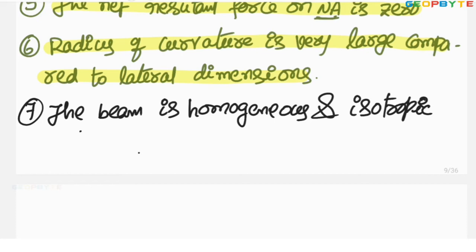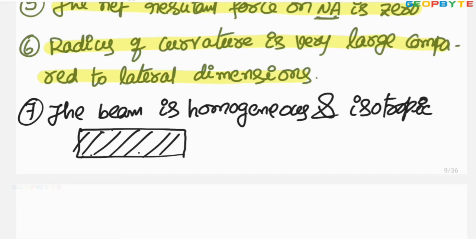Homogeneous beam means the beam is said to be homogeneous if it maintains the same characteristics throughout the cross section of the beam. That is homogeneous. Isotropic means if any beam is maintaining the same elastic characteristics in all directions from a particular point, that kind of beam is called isotropic material.